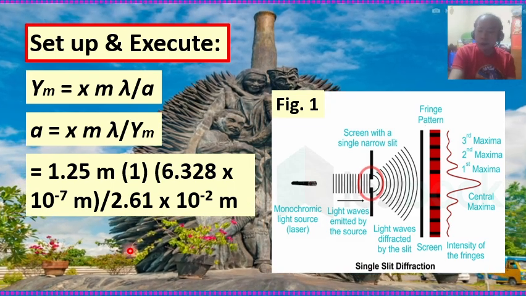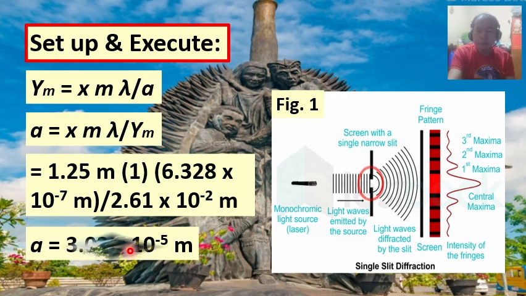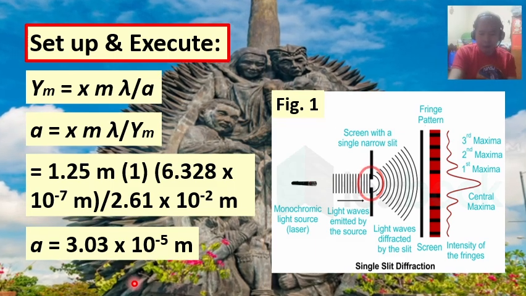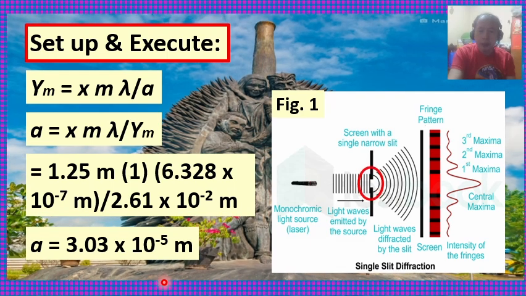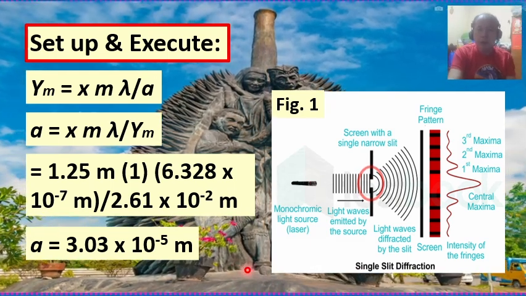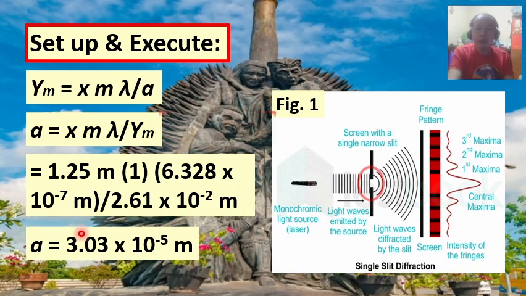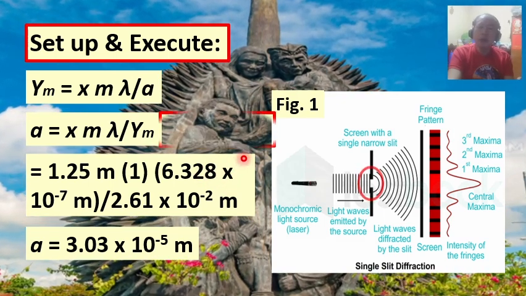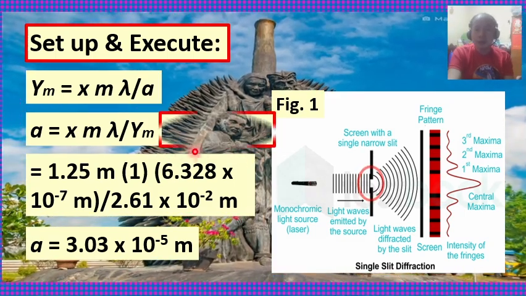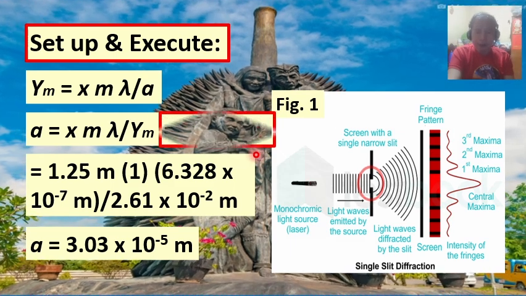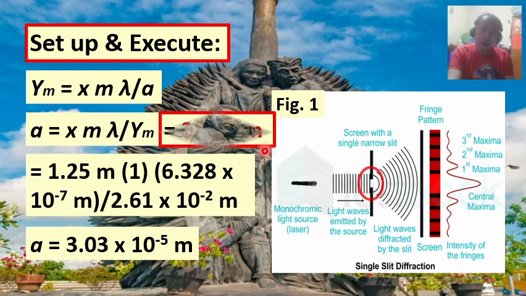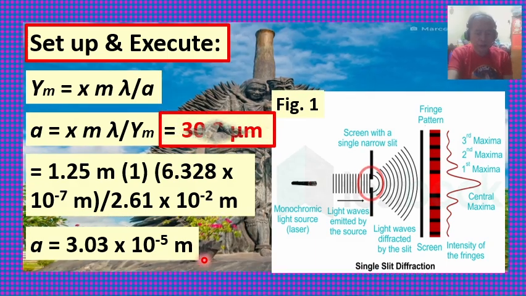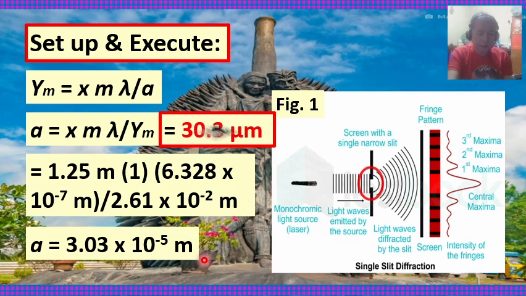So when we do our math, we arrive at the value of small letter a equal to 3.03 raised to the negative 5 meters, which, when converted to micrometers, is equal to 30.3 micrometers, which represents the thickness of the human hair strand used in the experiment.